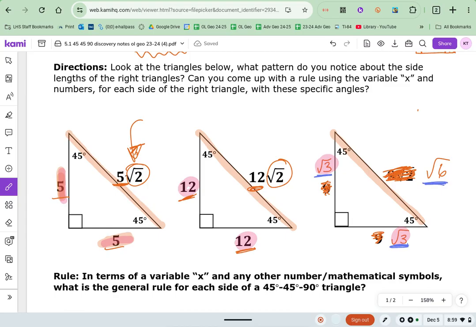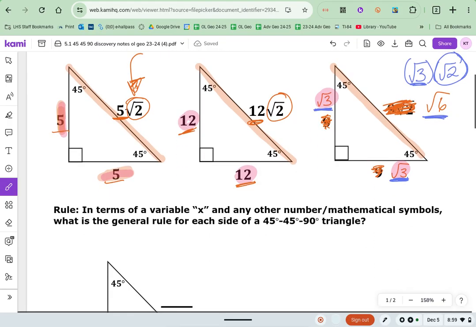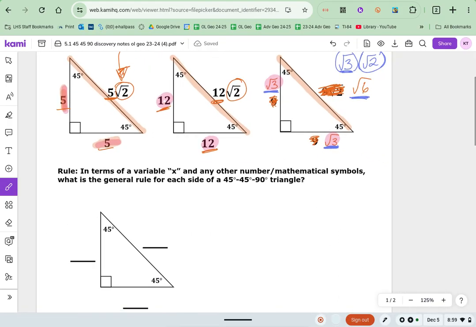But remember, root 6 is really just root 3 times square root of 2, which would follow the pattern as the other ones, root 3, root 3, root 3 times square root of 2.